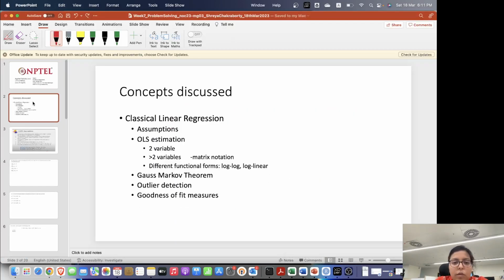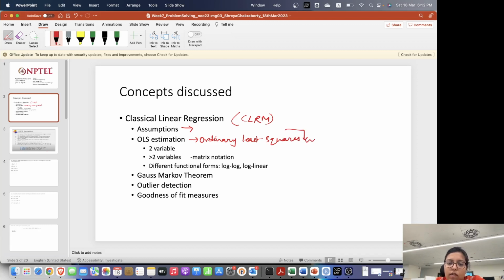Okay, so what was discussed this week was the classical linear regression model, also abbreviated as CLRM, the assumptions, and how we can fit ordinary least squares if certain assumptions hold.